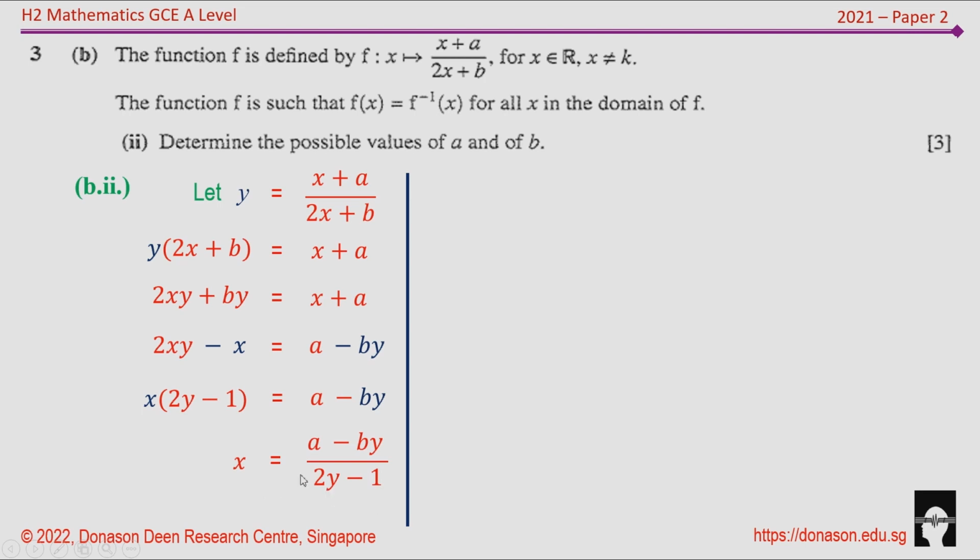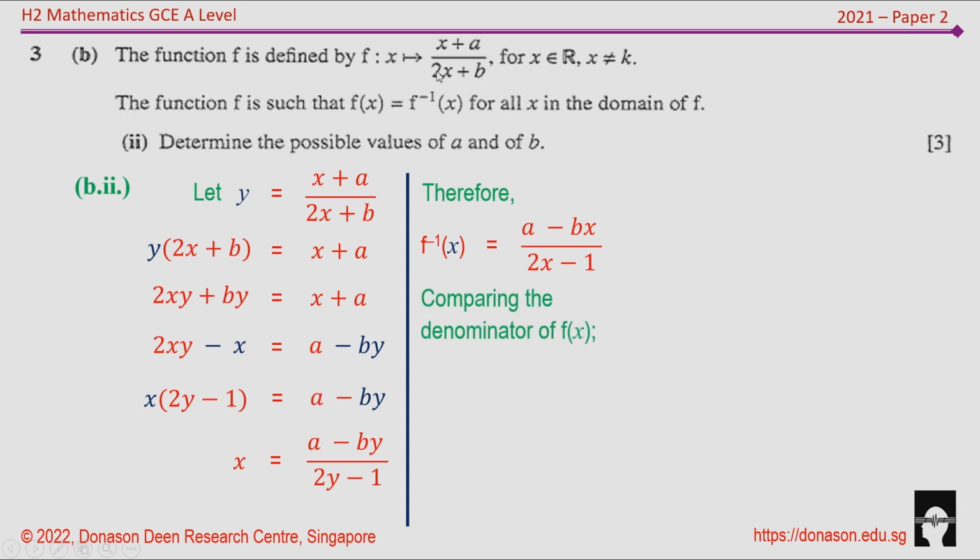This should be the x in terms of y. But what we need now is f inverse of x. So when we want to write the f inverse, we change all the values of y back to x. So it would be (a - bx) over (2x - 1). This is the value of f inverse x.